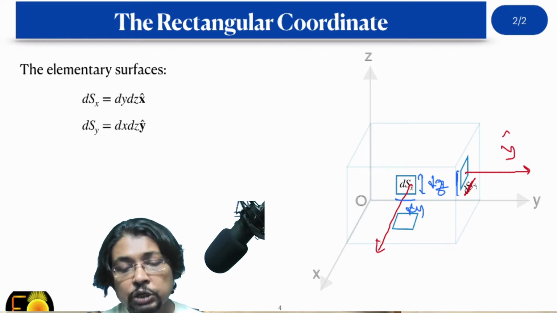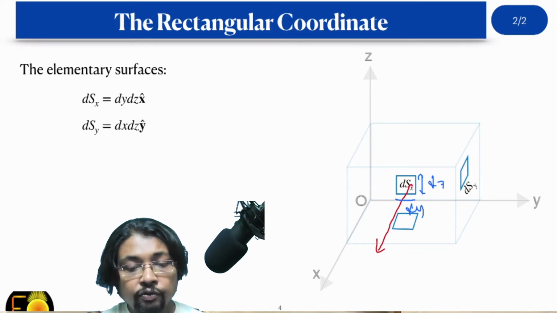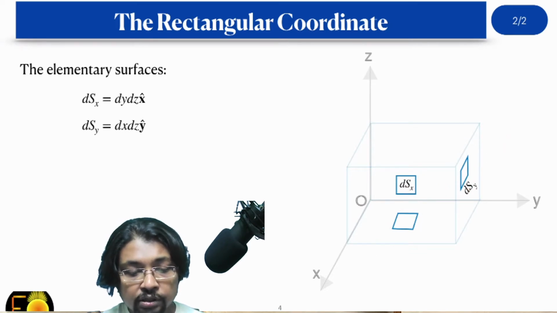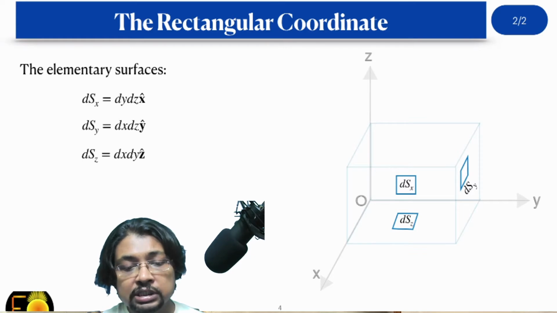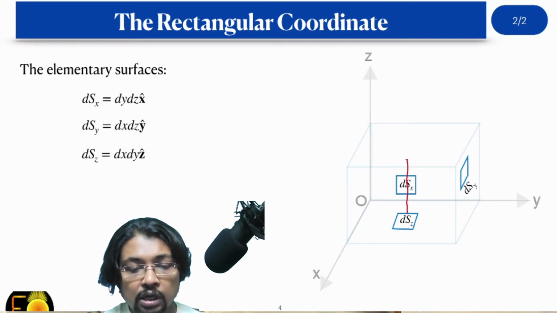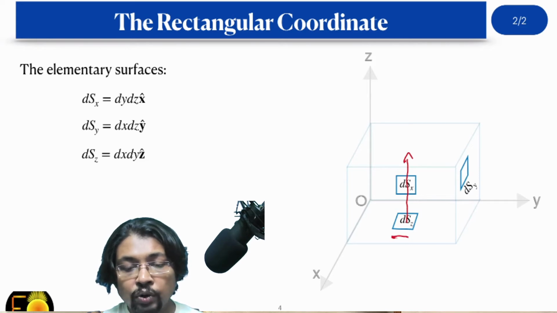So now I think you can tell me what will be the surface for the last one, the third one. Obviously, dsz is dx times dy times z cap, because it has the surface normal along the z-axis, and this length is along the y direction, and this length is along the x direction. So this is dx and this is dy.